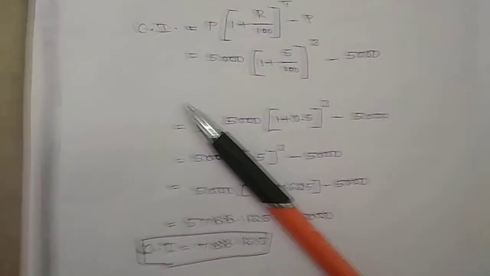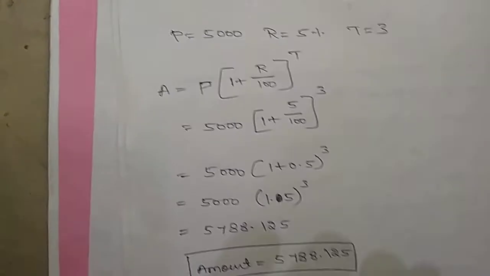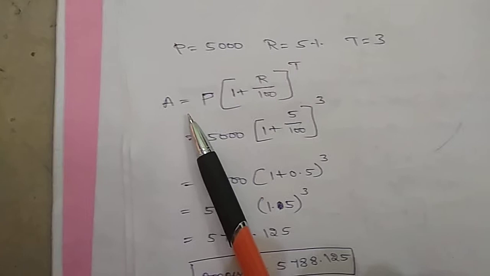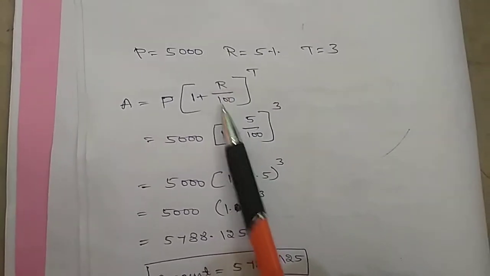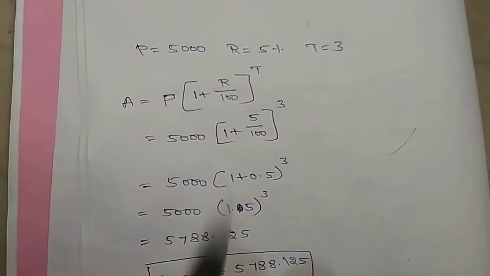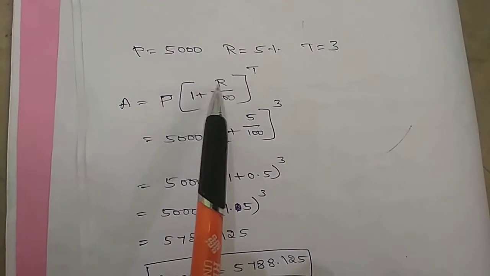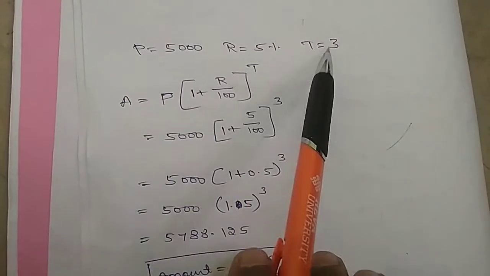Next, to calculate the amount, we have another formula here, which I already explained. Amount is equal to P into (1 plus R divided by 100) to the power of T. P represents the principal amount, R represents the rate of interest, and T represents the time.